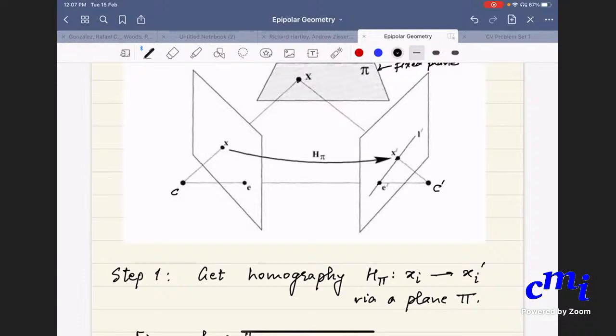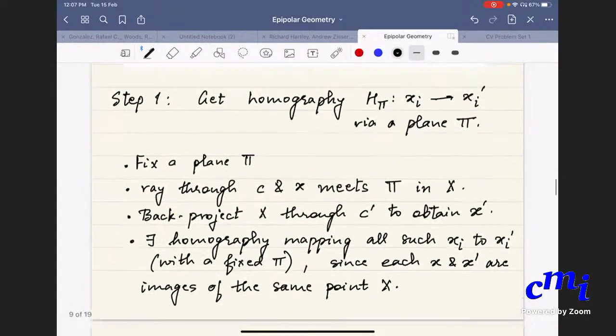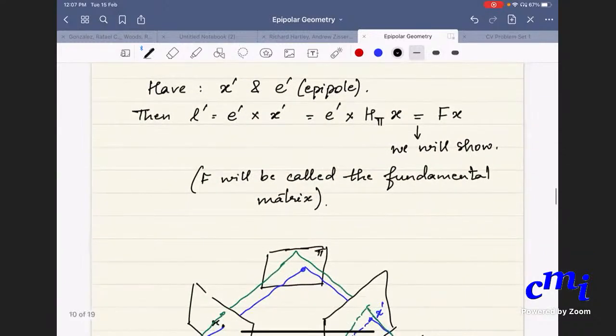So once you have x prime and E prime, you know that the epipolar line corresponding to x is the line that passes through these two points. So l prime is just the cross product of x prime and E prime, which gives you the formula: l prime is E prime cross x prime. Of course, the order doesn't matter here because everything is in homogeneous coordinates, so we don't care about the multiplication by -1.